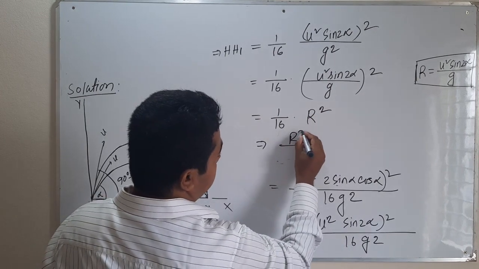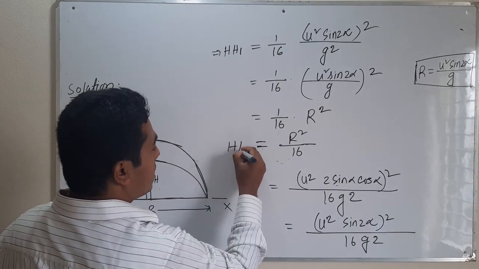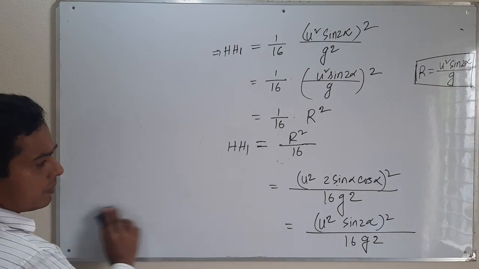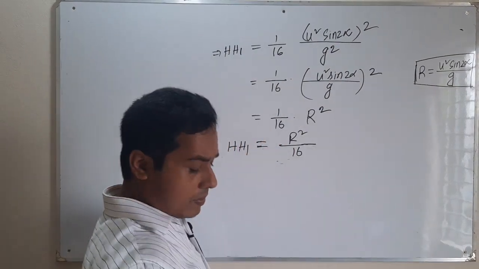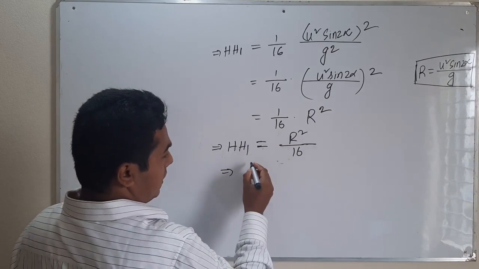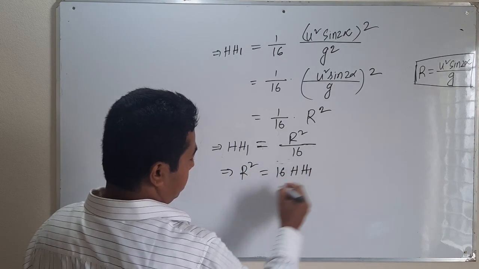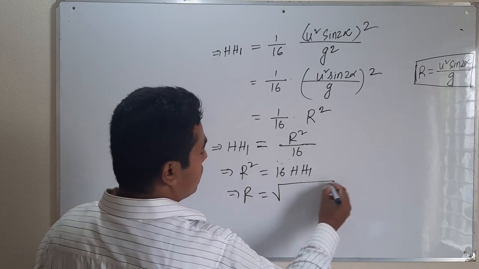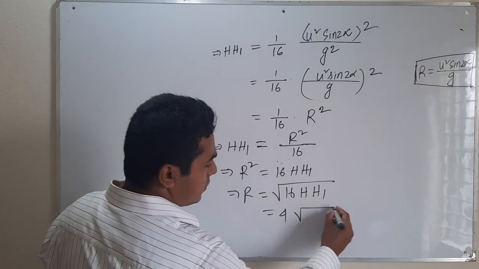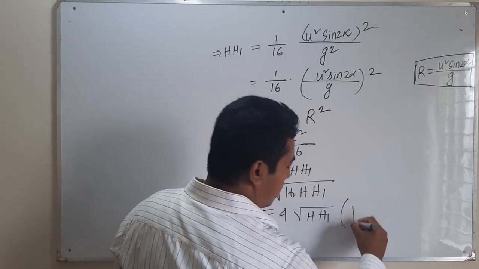So r square divided by 16 is our value of h h1. Now r square is equal to 16 h h1, so r is equal to root over 16 h h1, and root over 16 is equal to 4. So r is 4 root over h into h1, this is the horizontal range r. This is proved.